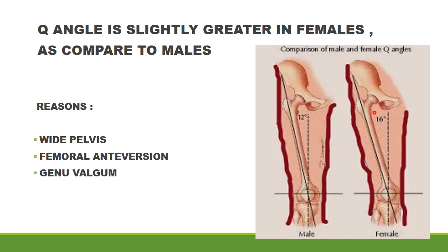Normally it is 120 degrees, but in females the femoral anteversion angle is higher as compared to males. And third, females have physiologically more genu valgum as compared to the male population. So these three reasons give rise to a Q angle that is slightly greater in females as compared to males.